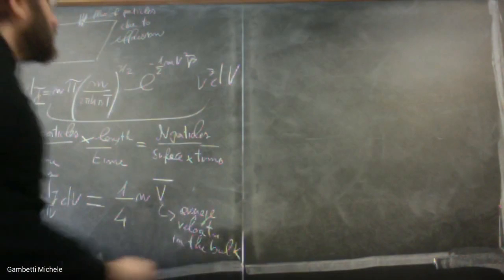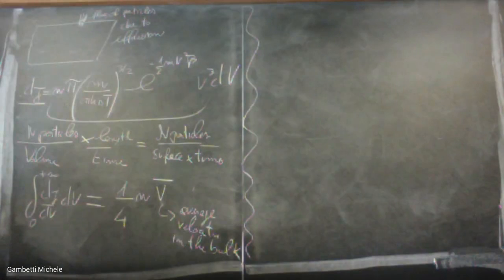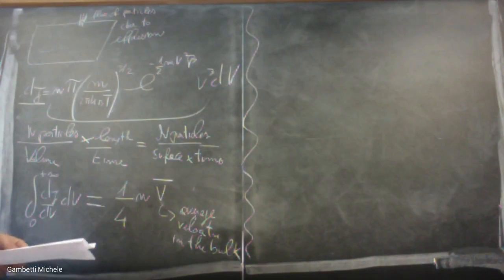Okay. So now I can try to compute also for this sample of particles the average velocity and the most probable value of the velocity.